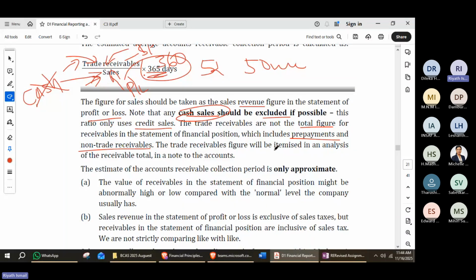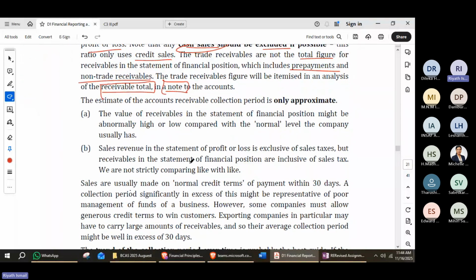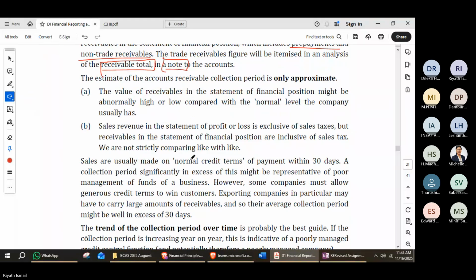The trade receivable figure will be itemized in an analysis of the receivables total. You can find the elements in the trade receivables in the notes of the financial statements. The estimate of the accounts receivable collection period is only approximate, not a correct figure.